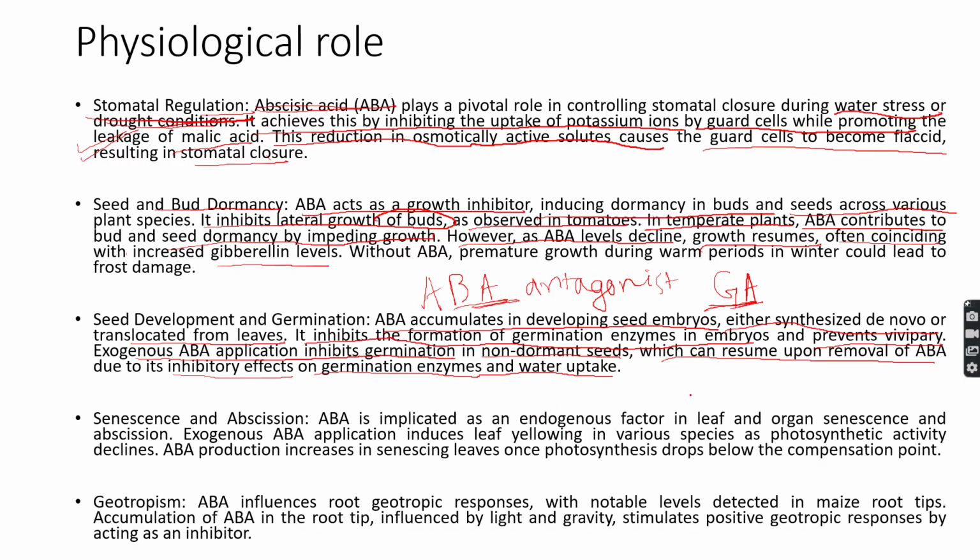So let's understand what is happening. One term is there, vivipary. Vivipary is a condition where the seed germinates on the mother plant itself, or in other words, we can say it will not have any dormancy period.